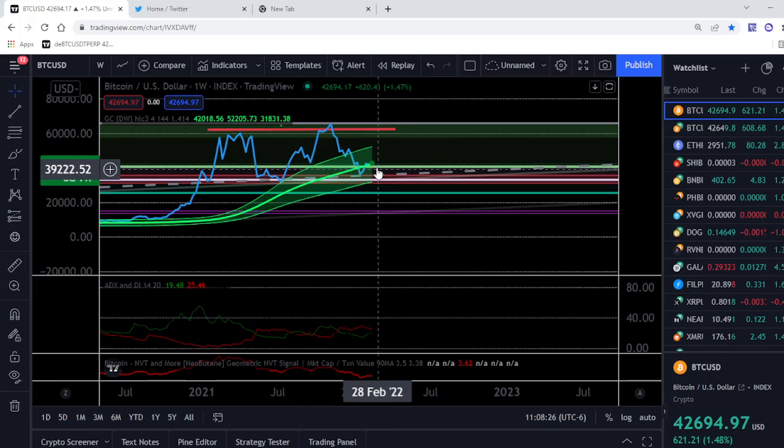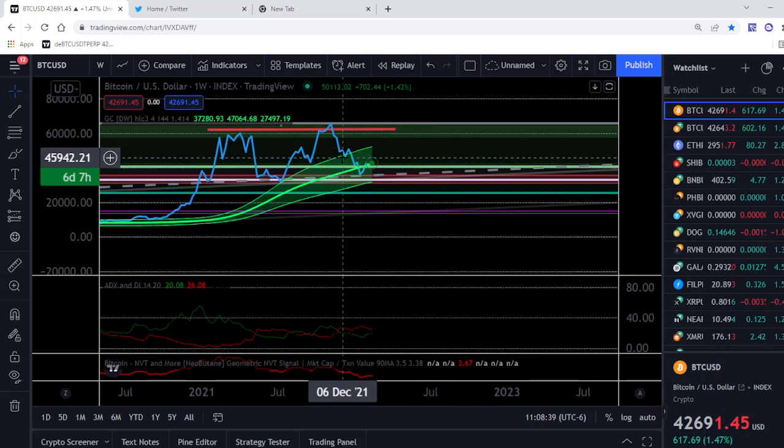But either way, the red I expect to form through this way. It may not be as long as the green, but either way, we're due for some retracement or another correction.